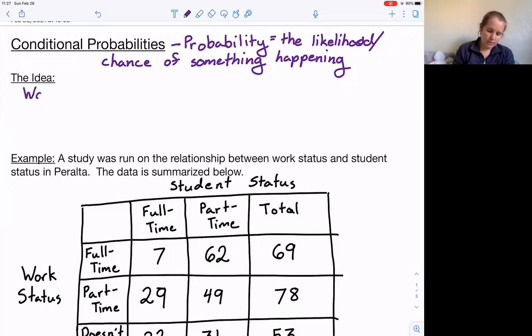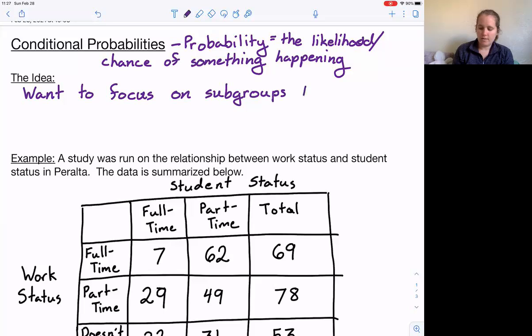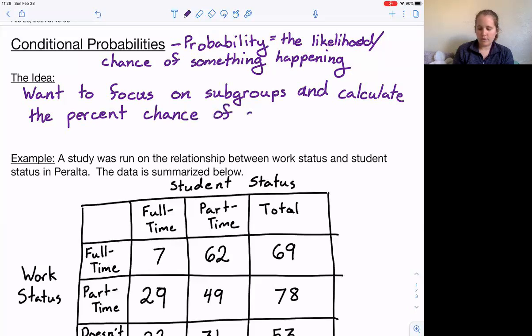So we want to focus on subgroups and calculate the percent chance of a subgroup falling into a certain category.